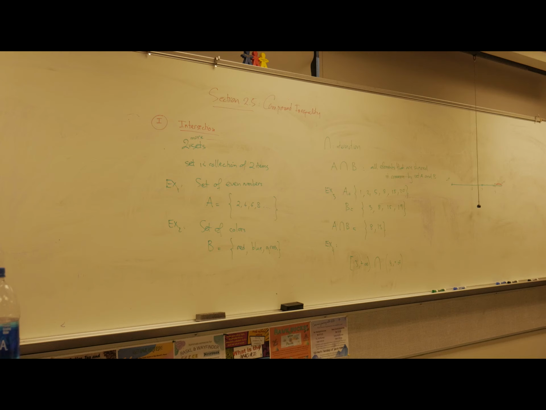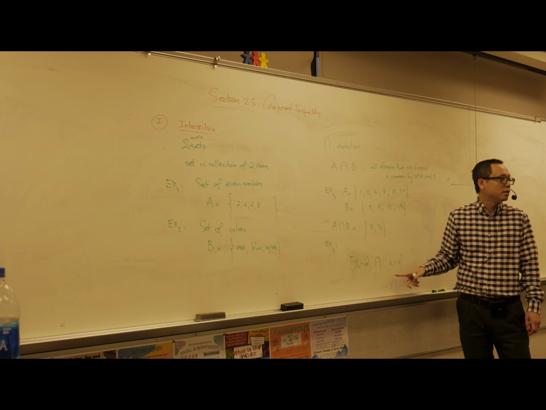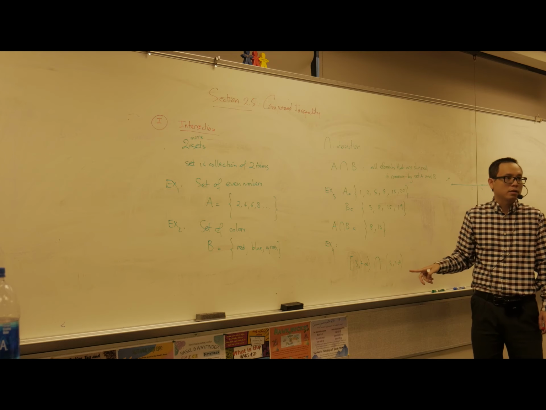Now I have a question for you. Where is the part of the number line you see the red and the green overlapping each other? From 8 to positive infinity. Do we include 8 over there? No, because over here, 8 is not included already.